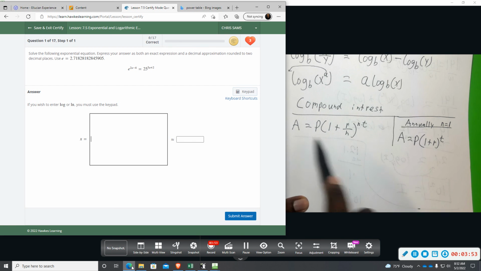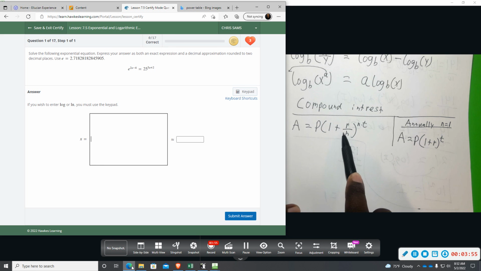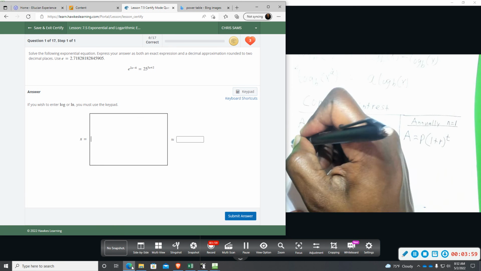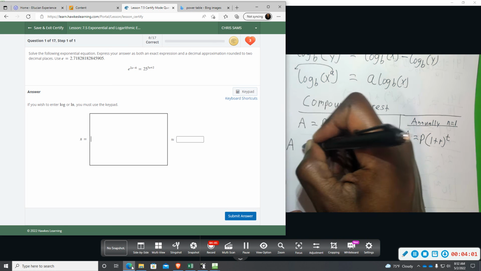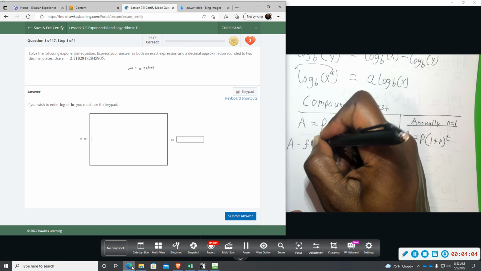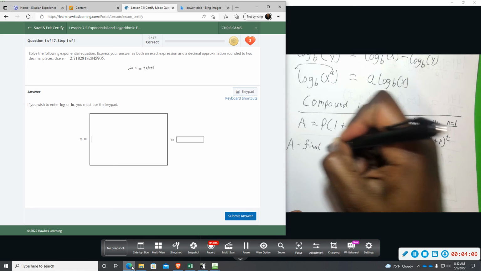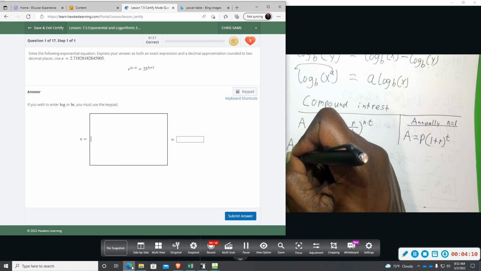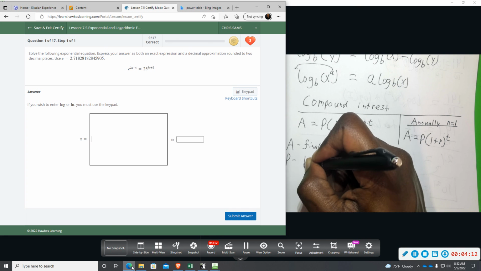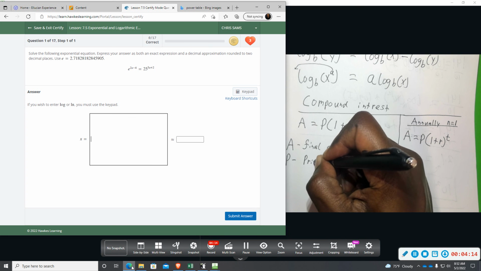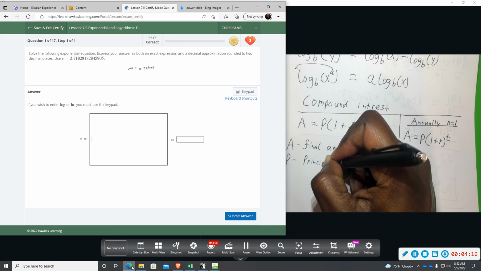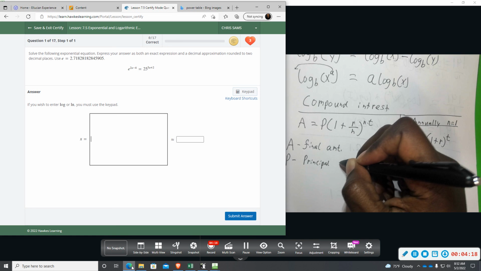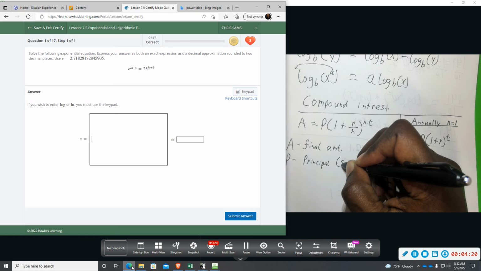So I'm going to give you what each of these letters mean, and then we'll just start working a few problems. So A is the final amount. P is the principal, or starting amount.